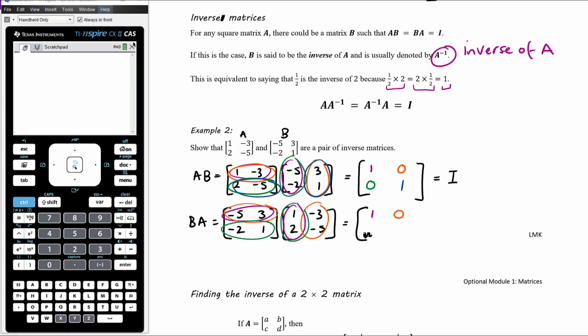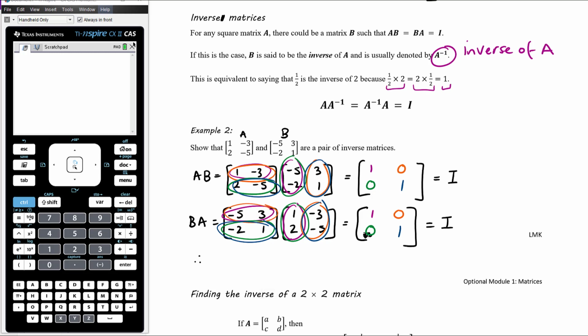Bottom row times left column, -2 times 1 is -2, plus 1 times 2 is 2, so -2 plus 2 is 0. And bottom row times right column, -2 times -3 is +6, plus 1 times -5 is -5, so +6 plus -5 is 1. And so we find that it equals the identity matrix.